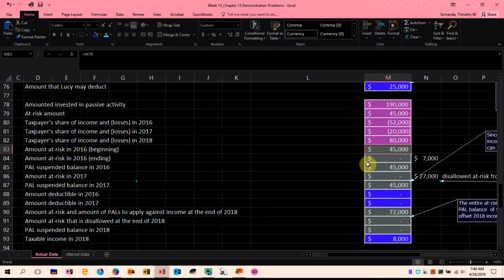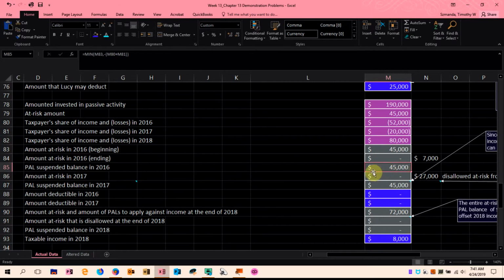Therefore, that $45,000 can be considered in the next test, which is the passive activity loss rules. However, the $45,000 under the passive activity loss rules is suspended. And the reason it's suspended is because there are no passive gains to offset against it.